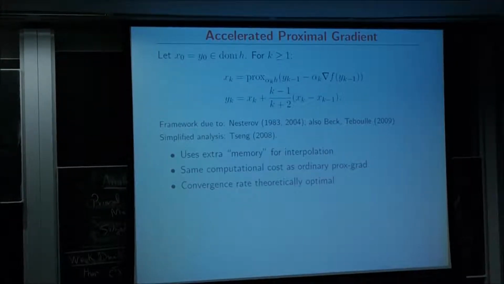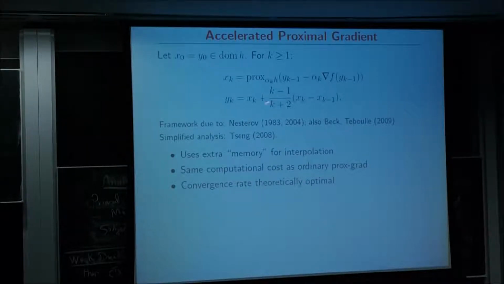So some remarks here: it uses slightly extra storage. It uses one extra vector here, or actually two. You have to maintain this history. So that's worth remarking about. Normally when we were running gradient descent style methods, xk plus 1 depends directly and just on xk.